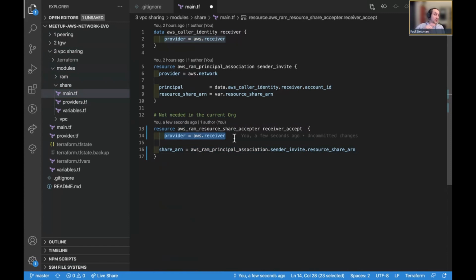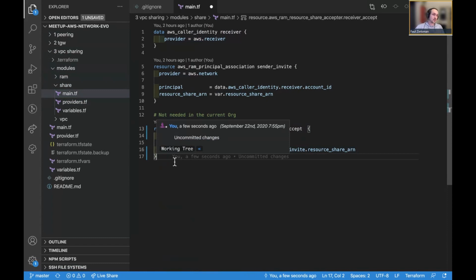A transit gateway attachment is actually way more complicated because you're sharing the transit gateway, then you're doing the attachment, and then you're accepting the attachment as well. So you're hopping between these things. And Terraform is really good at understanding the dependencies between them, and knowing the order in which it should be done. You can hard code the order as well.